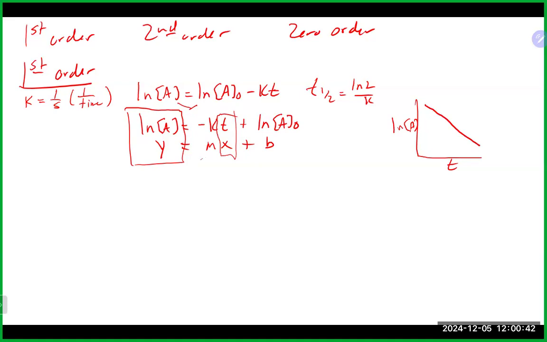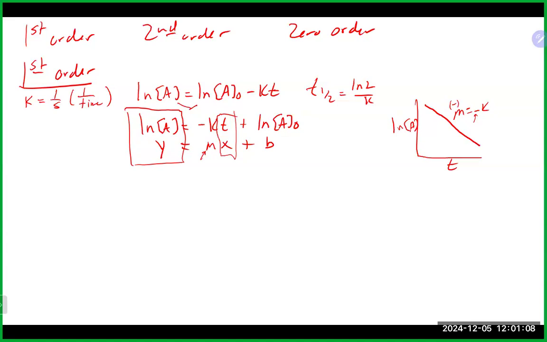And as you can see here, the slope is equal to negative k. Remember that that means that your rate constant should be a positive number because the line there is a negative line, and that will give you a negative slope. And the negative here for the slope value and the negative here will turn the rate constant into a positive number. So you want to make sure you do that.